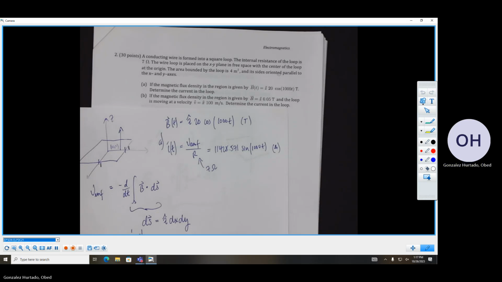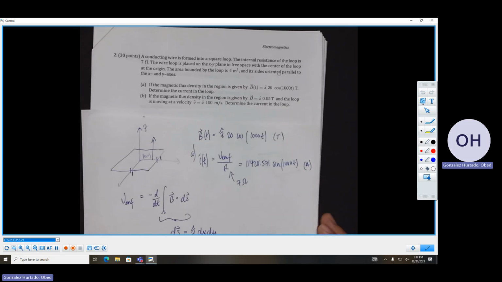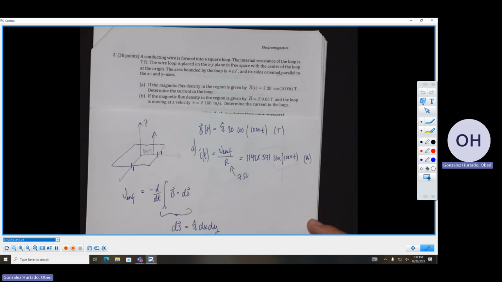Part B, the simpler one. Does anyone have any ideas about B?